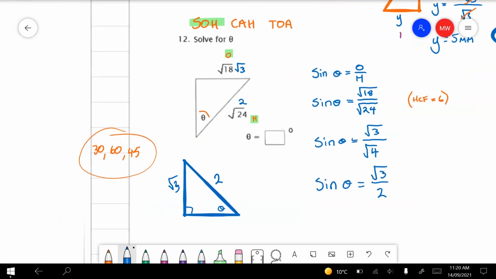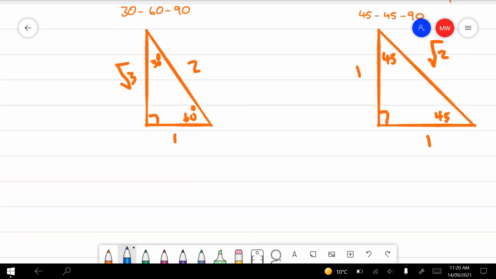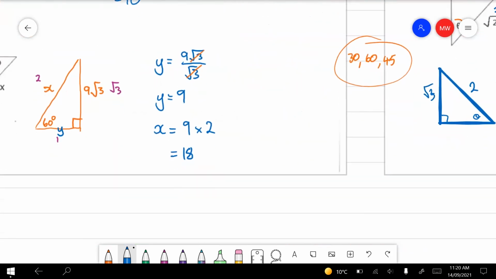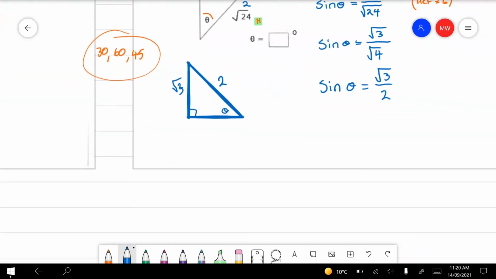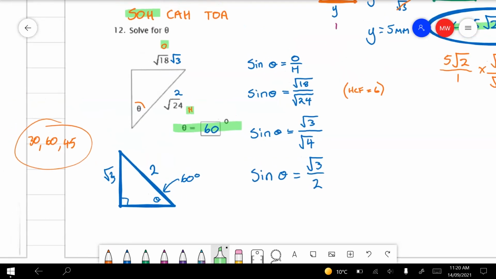And that, of course, happened when we built all the way over here a 30, 60, 90. So that means that wherever our question's gone, theta down here is 60 degrees. And that's our final answer, with a demonstrated working out that we understand what's happening here and that this topic's all about ratio.